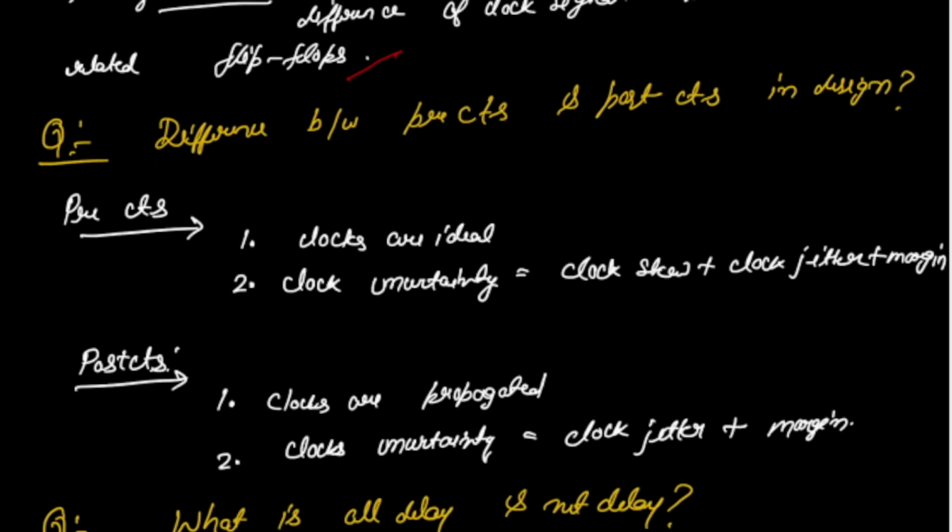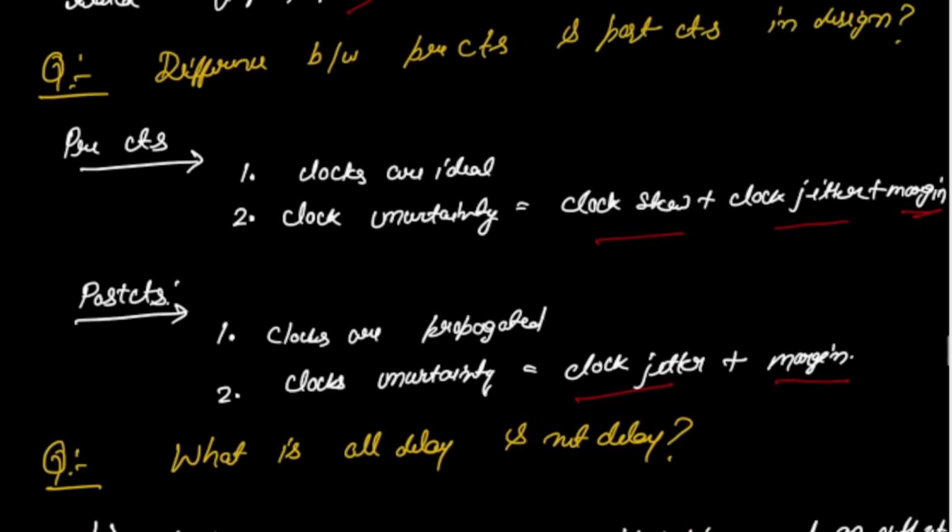Clock uncertainty during pre-CTS is clock skew plus clock jitter plus margin. But during post-CTS, it is clock jitter plus margin only. Clock skew is gone because we have the real clock values. Real clocks are propagated.